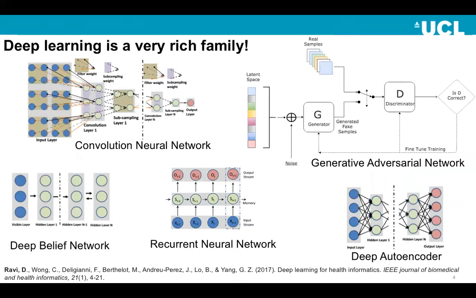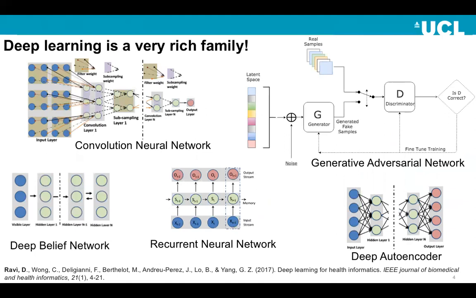Deep learning is actually not only one framework, but a family of frameworks. And it depends on the type of data that you have or the application that you want to solve. You may be interested in one of these frameworks or a combination of them. For example, if you have multidimensional data, such as an image or an MRI, you may use a convolutional neural network.